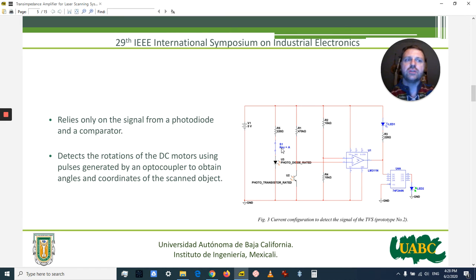Our new approach is to detect the whole signal by reading the whole energy over time, not only a pulse when it's present, rather than just measuring the received signal, and using this signal to detect the rotations and positions of the DC motor that we use to position our laser in the field of view.